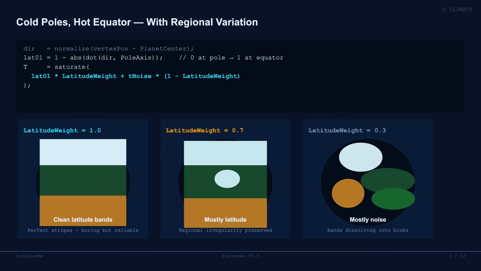And here are some more technical details on how things are implemented. This is what I explained about latitude weight. When it is 1, you will have clear cold regions near polar regions. If you reduce it, that would become less of a driving factor.